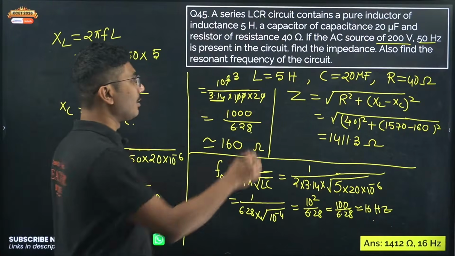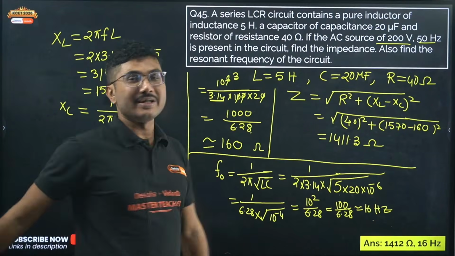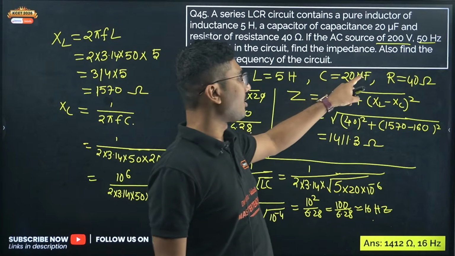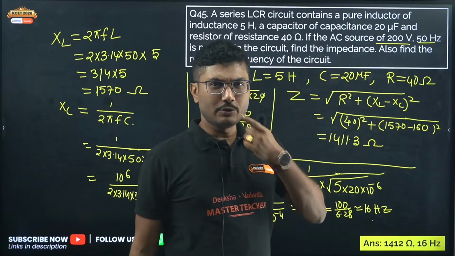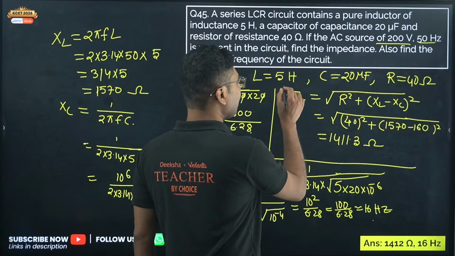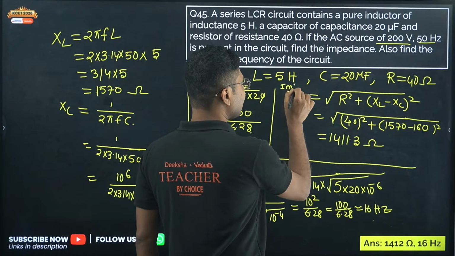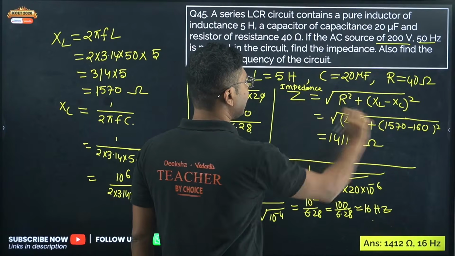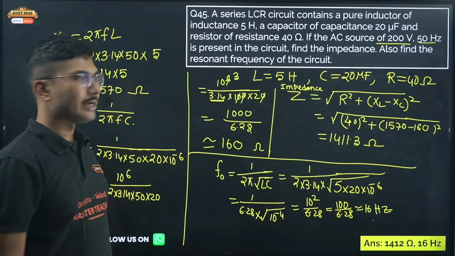What you should do is write the given statement. Given L equals 5 Henry, C equals 20 microfarad, f equals 50 hertz. While calculating the impedance, just write impedance Z equals, that is sufficient. You do not need to write the answer.